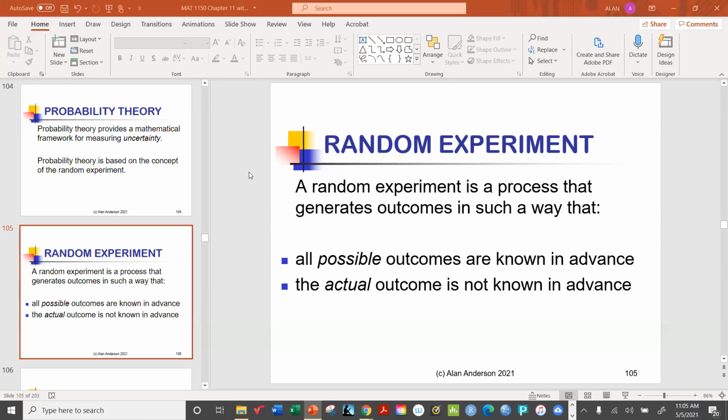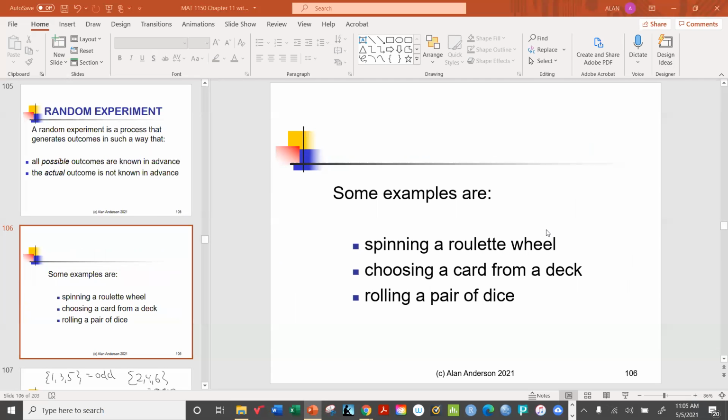We see, for example, cases like spinning a roulette wheel, choosing a card from a deck, and rolling a pair of dice. These are all examples of random experiments, because when you roll the dice, pick the card, or spin the wheel, we know in advance what might happen, but we do not know what actually does happen.